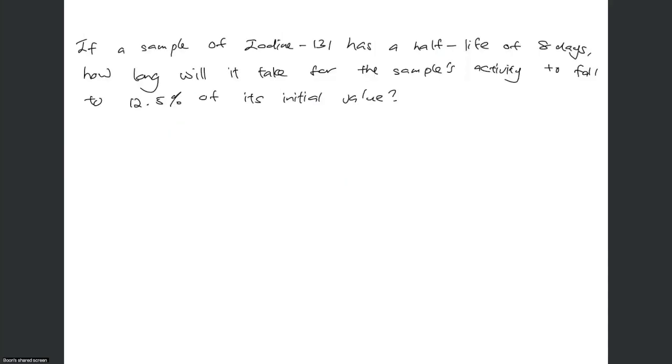The second question is: if a sample is iodine-131, it has a half-life of 8 days. How long would it take for the sample activity to fall to 12.5% of its value?